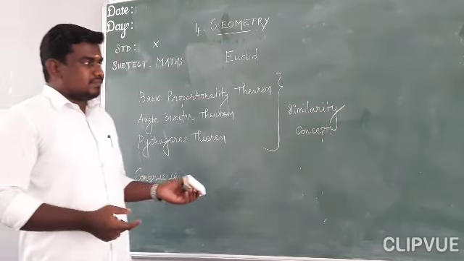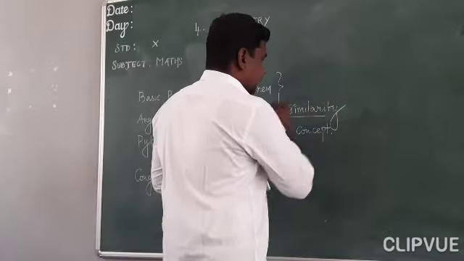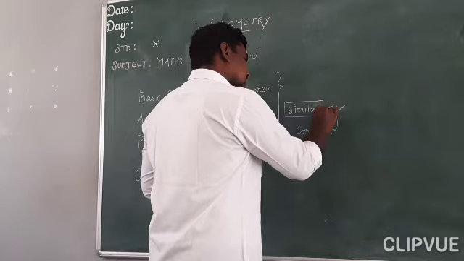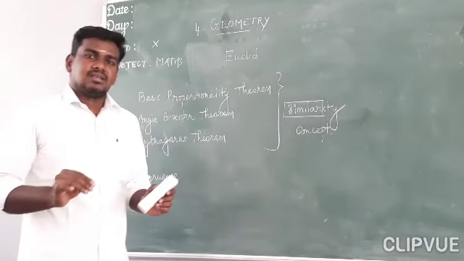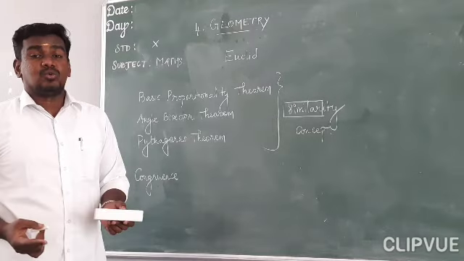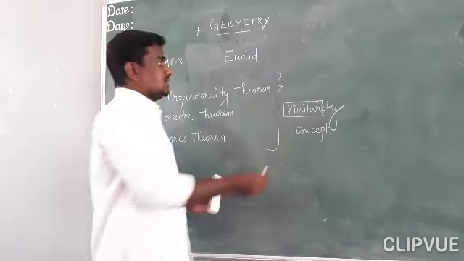Understood? So here, similar. What is meant by similar? The two objects must be the same shape but not necessarily the same size. Understood?